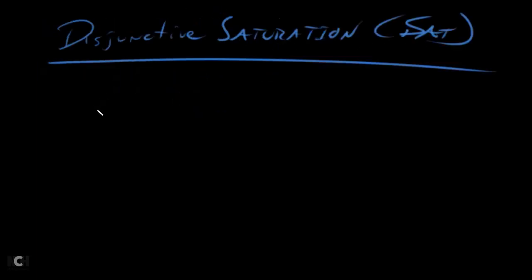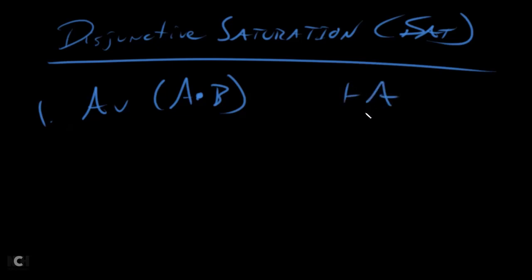All right, let's take a look at disjunctive saturation. This one's pretty straightforward. You got this, A wedge, A and B. Then you can get just plain old A. So let's think about it here. If I've got it's Wednesday or it's Wednesday and I'm tired, what do I know?